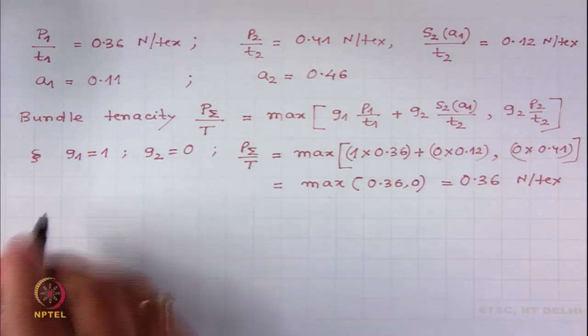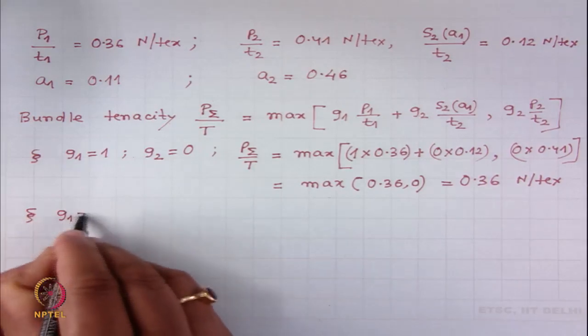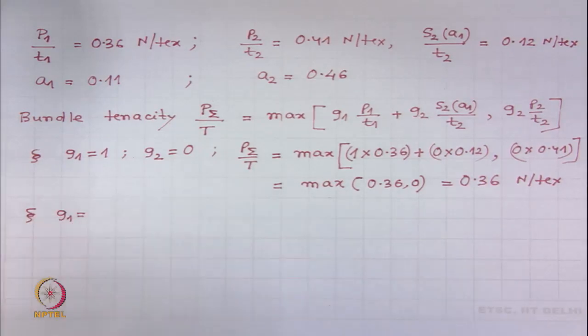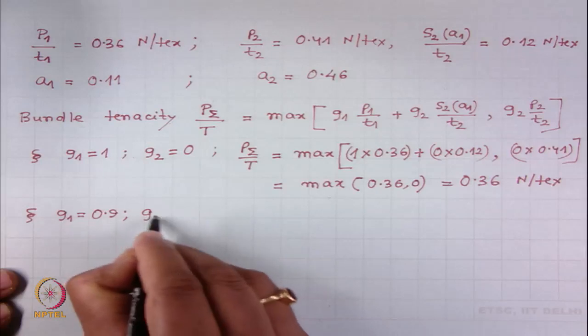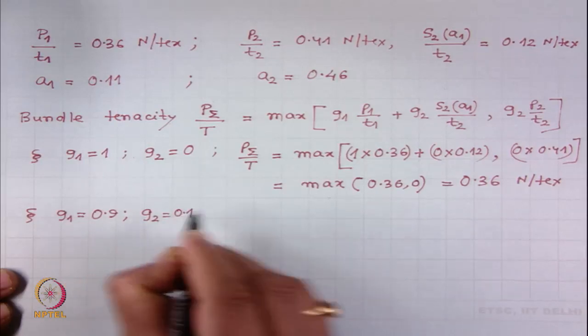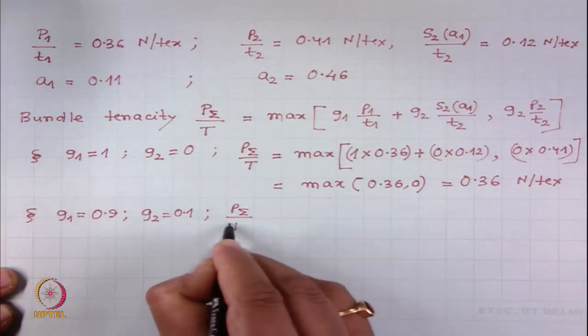Second, G1 is given as 90% cotton fibers and G2 as 10% polyester fibers. What will be the bundle tenacity?